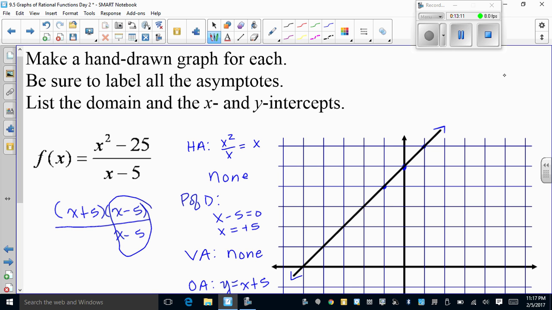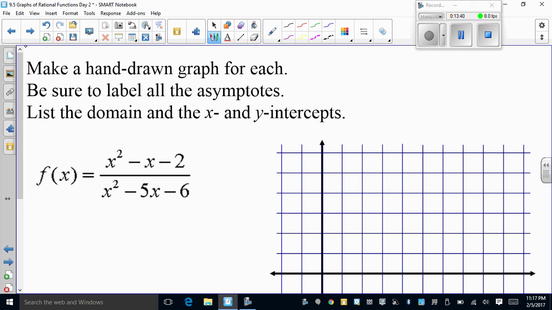I would say somewhere around here would be my open hole. And then I would have to start it again. Okay. This one is a little bit different than most of them, because you don't usually get just a line left over.